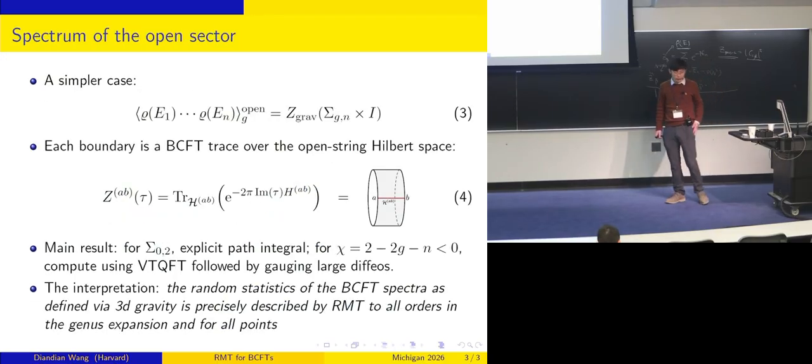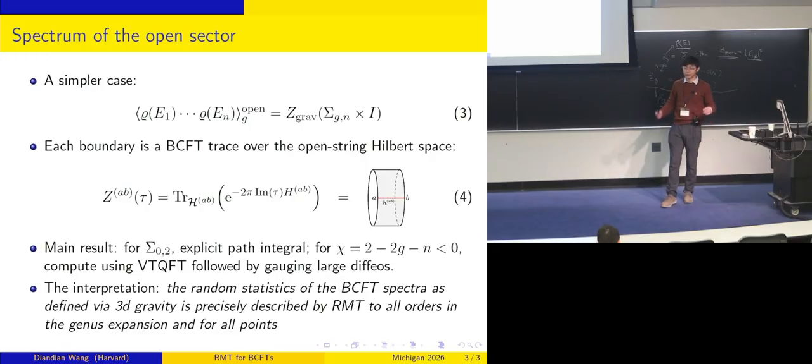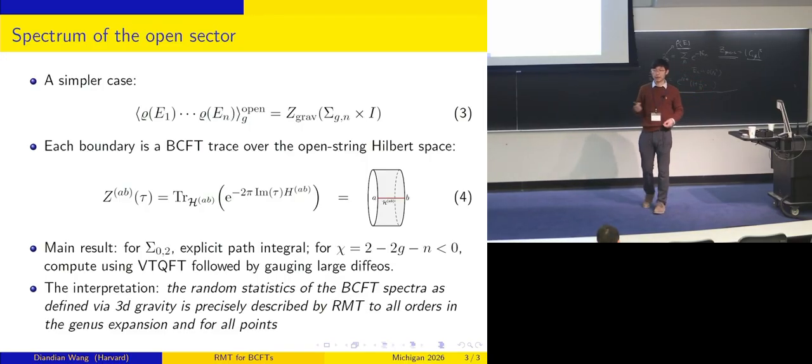To make progress, we look at a simpler question, which we call the open sector of the spectrum. The open sector means you should think about the CFT, this is just a language, as sort of a string worksheet. The closed sector corresponds to bulk operator insertions, which correspond to closed strings. But you could also have CFTs living on the boundaries, that's why we call these BCFTs, and then there are boundary operator insertions, which are related to open strings.